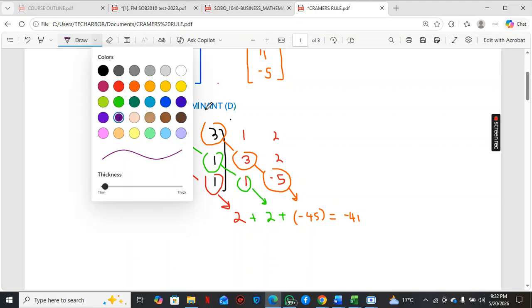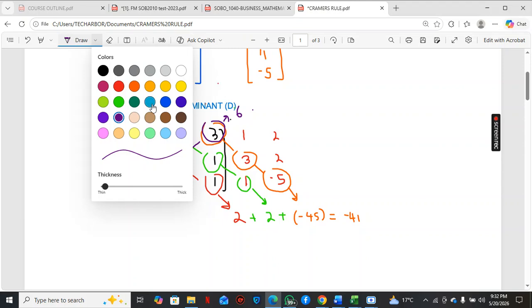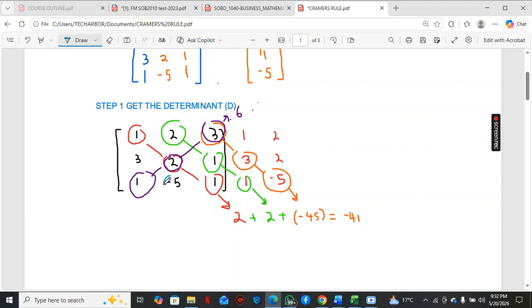Then we go to our next diagonals. We're moving like this, where we say 1 times 2, that is 2, multiplied by 3. So 1 times 2, 2. 2 times 3, that is 6. Next diagonal, -5 times 1, that is -5. -5 again times 1 again, that is -5.